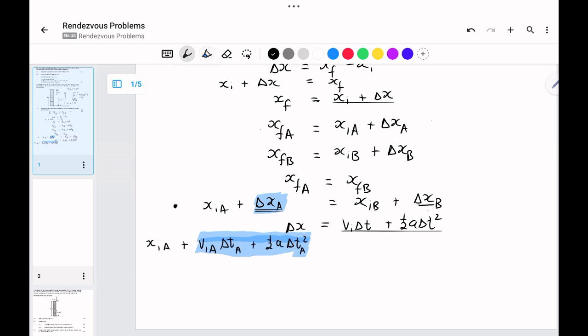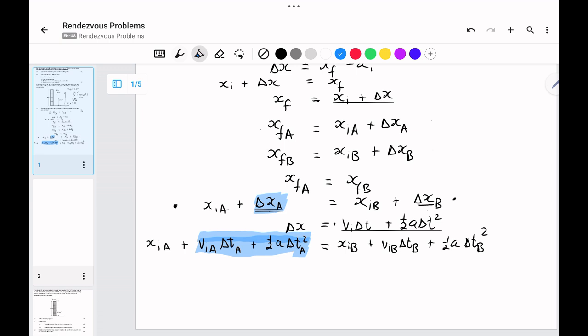And now I'm going to do the same thing on the other side over here. So the initial position of B, that doesn't change, plus, now I use my equation, v i, the initial velocity of B, times the time for B, plus 1/2 times the acceleration times the time for B squared.